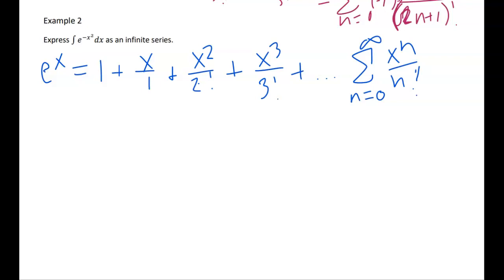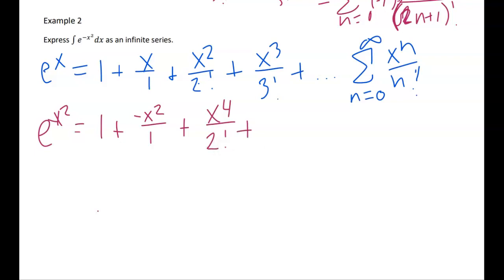Okay, so then what is e to the negative x squared? Well, 1 plus negative x squared over 1 plus, when I plug in negative x squared, I'm going to get a positive x to the 4th over 2 factorial. When I plug in a negative x, I'm going to get negative x cubed over 3 factorial.